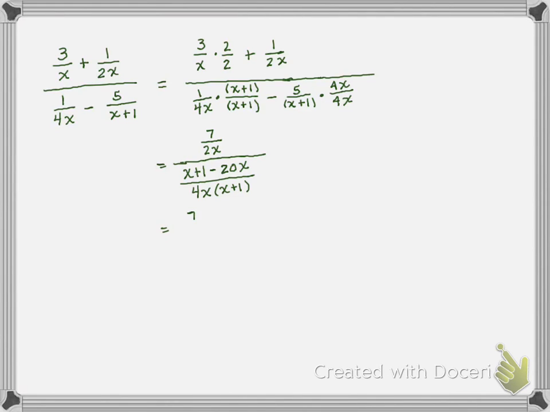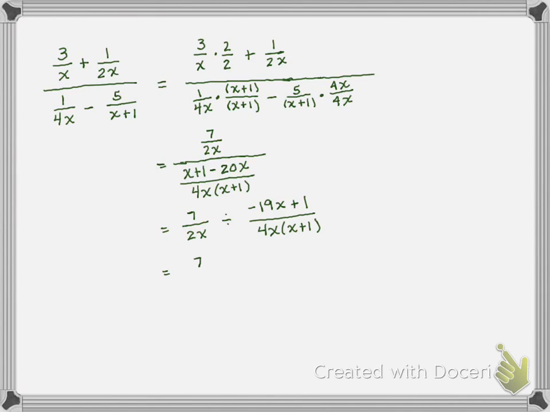And so now we're dividing. So 7 over 2x divided by negative 19x plus 1 over 4x times x plus 1. Notice we don't go to the division step until we have a single fraction on the top and a single fraction on the bottom.